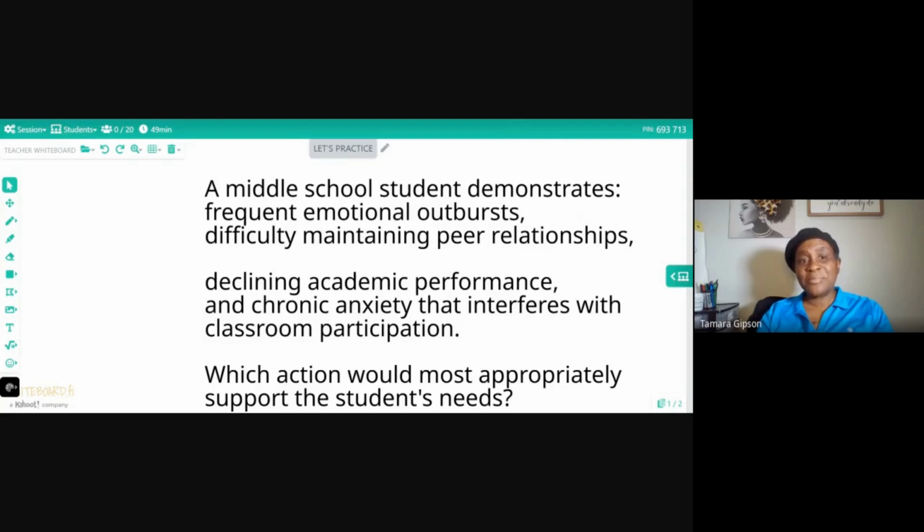And sometimes the best answer is not to place the student in special education. But sometimes it's more so, I need more information, or I need to implement some targeted interventions. Maybe even collaborate with the TExES team.